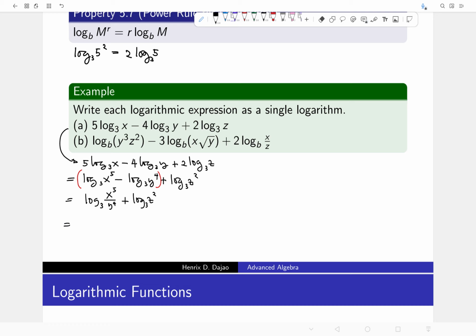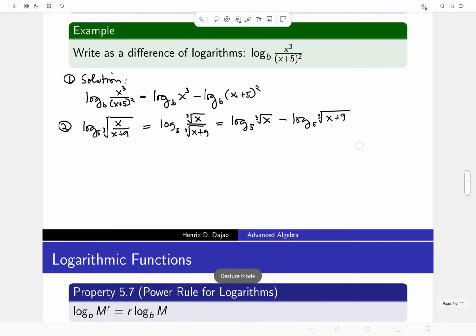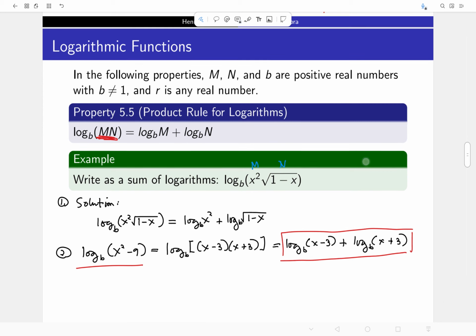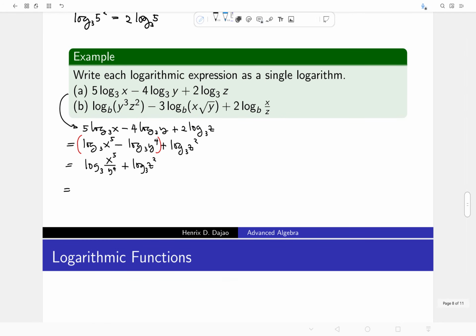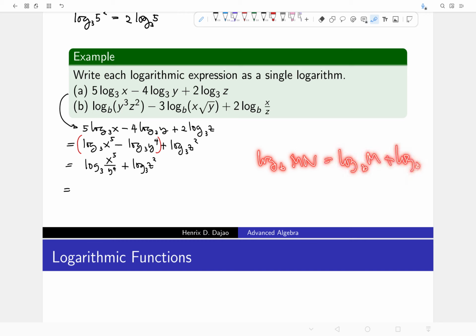So of course, as you can see, for this expression we will apply now property number 5.5, the product rule. So remember the property that log b mn is equal to log bm plus log bn. So this one is actually in this form, so we will transform that in that form.